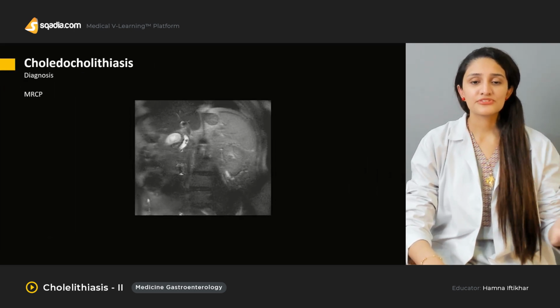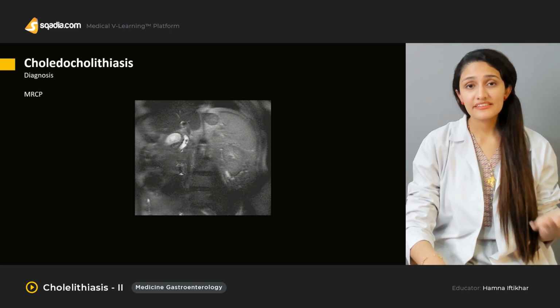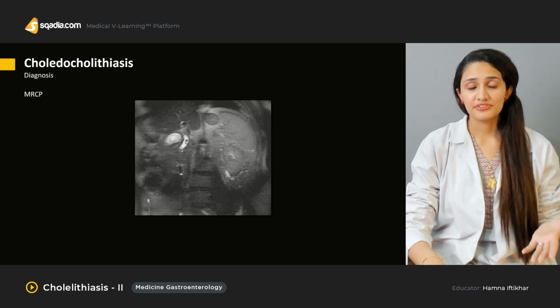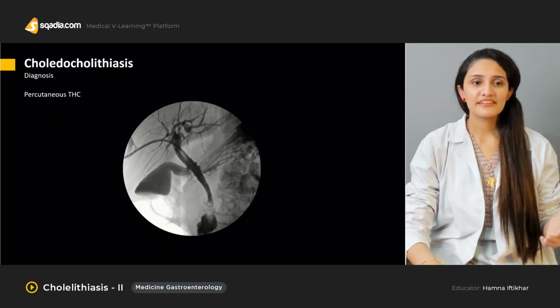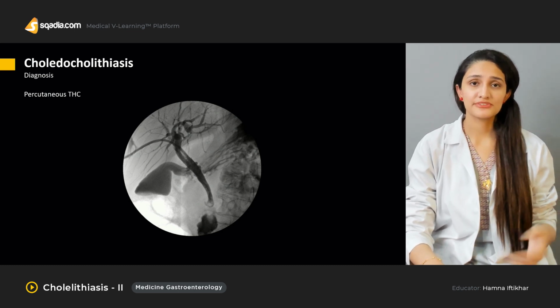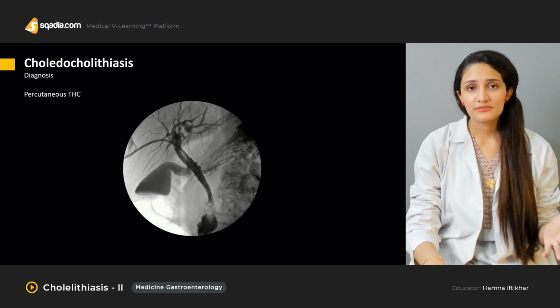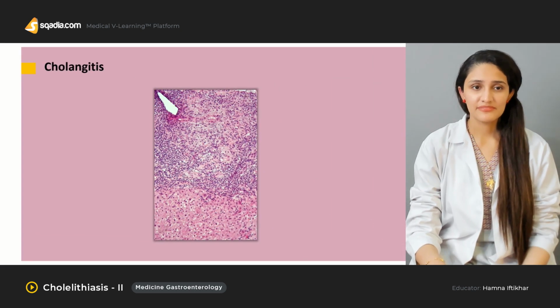We can diagnose the patient with the help of MRCP, magnetic resonance cholangiopancreatography. And lastly, percutaneous transhepatic cholangiography is also one of the ways to diagnose these patients. It's very accurate, and it could be done in case ERCP is not available or is unsuccessful.